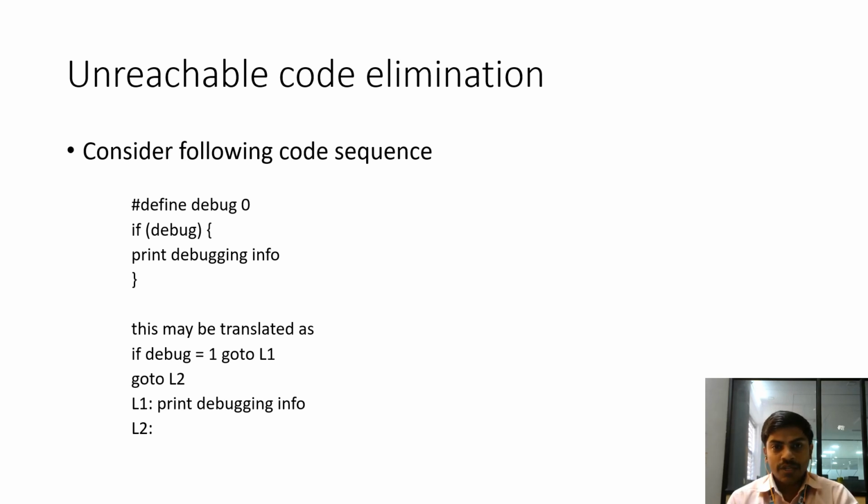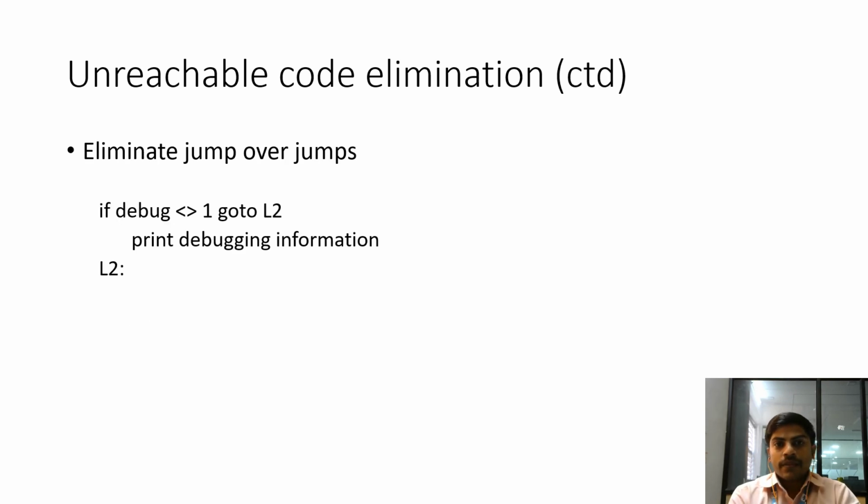It is unreachable, it will not be executed. If it is present in the program, it will be transformed into the following set of intermediate codes, and this will further be transformed into assembly code or machine code. Such unnecessary translations can be removed, and time and space requirements can also be reduced. This is the meaning of unreachable code. In other terms, we can call these dead code as well.